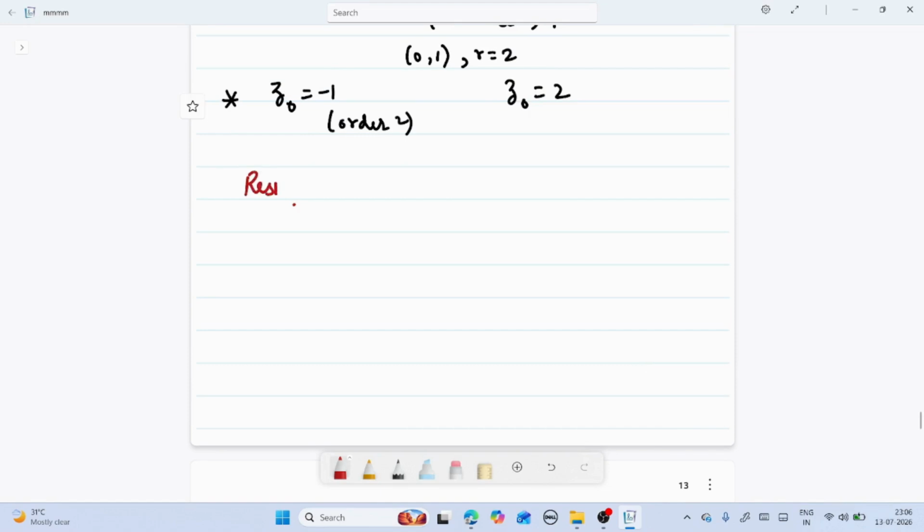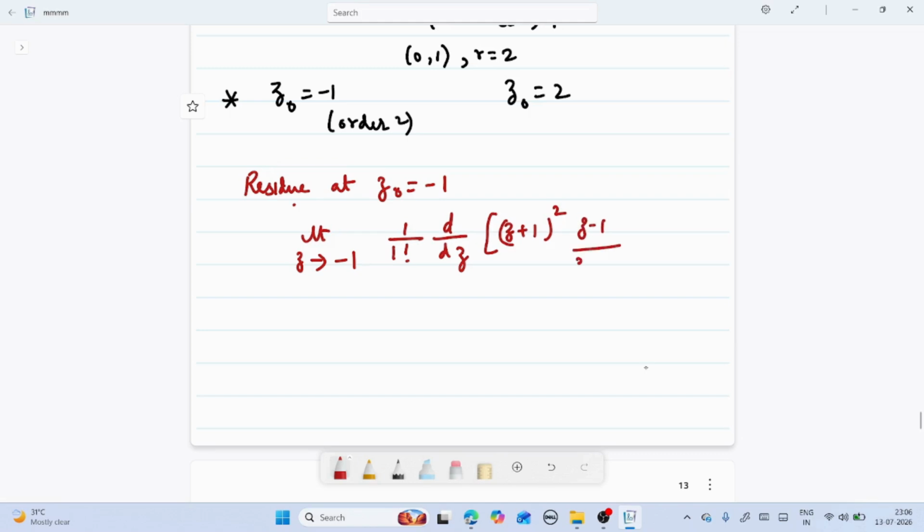So how do we find the residue? Residue at z naught is equal to minus 1. Like how we do it usually: limit z tending to minus 1, 1 by 1 factorial d by dz. Then we will have (z plus 1) the whole square, because it's a pole of order 2, into f of z.